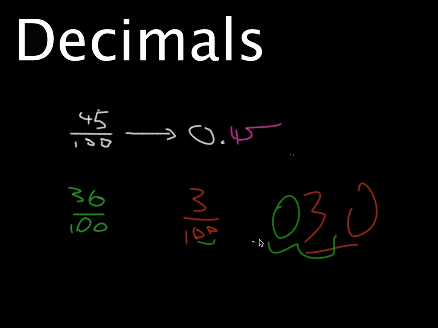It will be 0.03. So that's basically fractions to decimals, and you can do decimals to fractions the same way, out of 10 or 100.